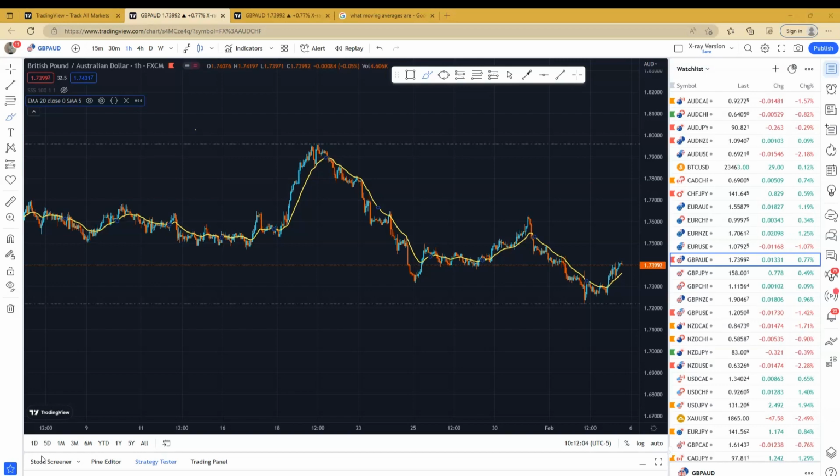I know I did a video previously on the single moving average strategy, on how to use a 20-period moving average to basically find entries in the market. On a short term in trading, you can use it on higher time frames as well. But moving averages are usually used to spot near term or short term trends in the market.